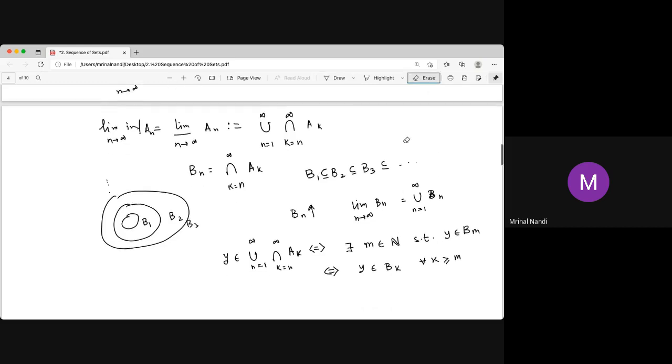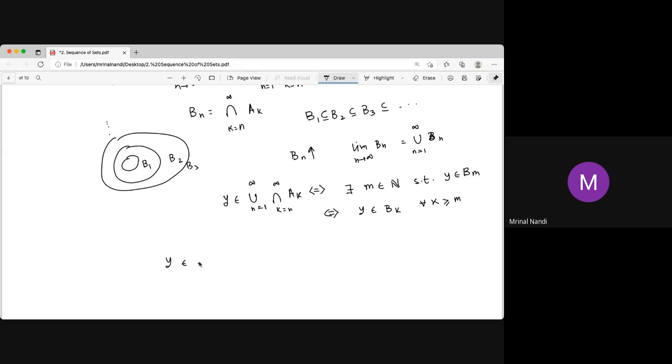So what is the meaning? The meaning is that y belongs to the lim inf of A_n, which means y is in A_n eventually, or in the probability sense, almost surely. It's called eventually. Eventually means this: after some time, for every set, y belongs to it. For some k, after that y belongs to every set.